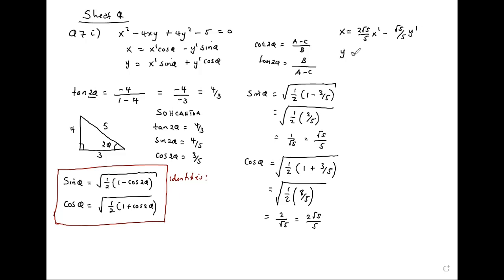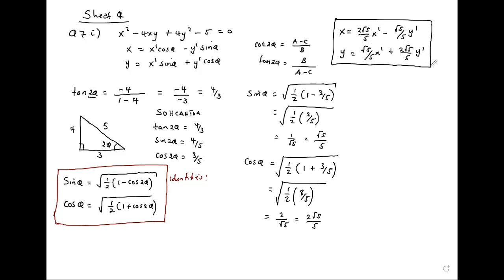And so y is sine theta, root 5 over 5, x prime plus cos theta, 2 root 5 over 5, y prime. So for this question, this is the most important part.